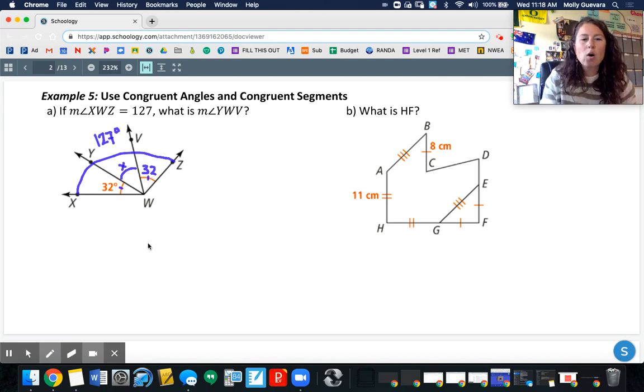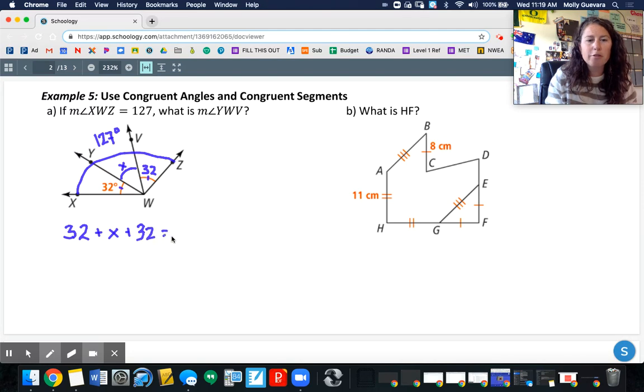So I now know the 3 different angles that make up this whole angle. I know 32, I know x, and I know 32. So if I add up all 3 of these angles, it's going to equal the total angle. So I add up my 32, going in order, plus x, because I don't know x, plus the other 32.